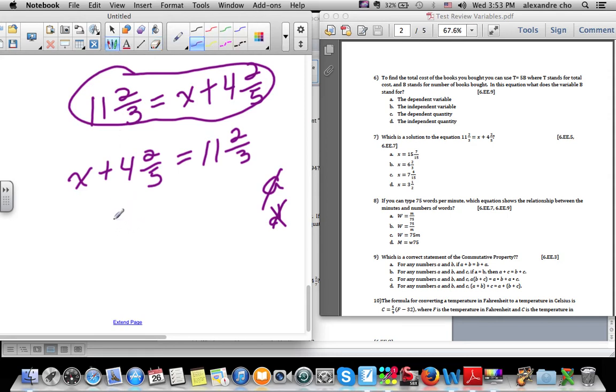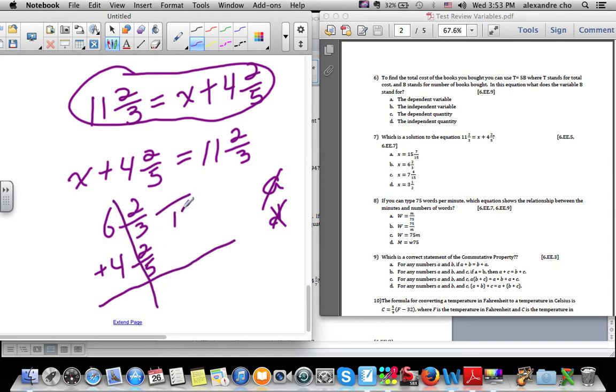I'll pick B, 6 and 2/3, and try it out. I'm going to add it to 4 and 2/5 and see if it gives me 11 and 2/3. Let's separate our whole numbers. For the fractions, 15 is the LCM. 3 times 5 is 15, so it's 10 on top. 5 times 3 is 15, so it's 6 on top.